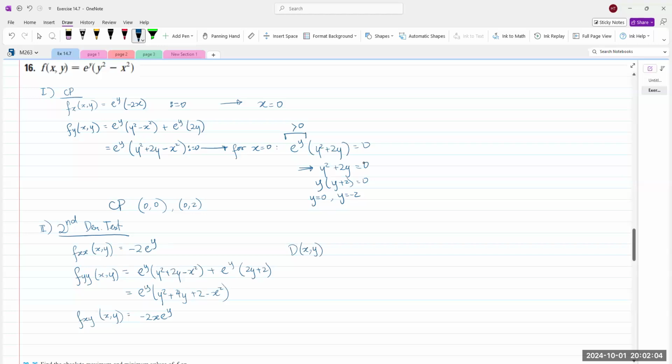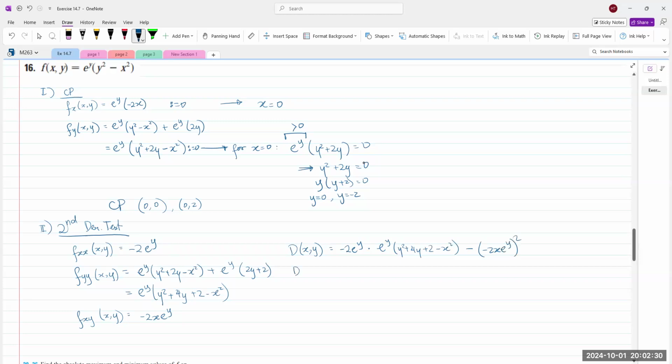D(x,y) will be negative 2e to the y, that's for f sub xx, times e to the y times y squared plus 4y plus 2 minus x squared, minus negative 2x e to the y squared.